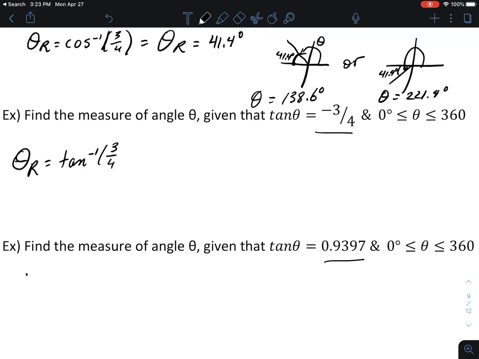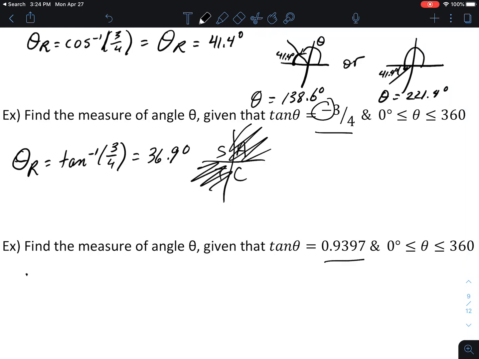All right, so what I would do first is find how big the reference angle is. Take the inverse tangent of the absolute value, 3/4, that's 36.9 degrees. Think about the cast rule. Where is tangent negative? Oh, and you can see I've done it wrong. Whoops. C-A-S-T, my bad. Where is tangent negative? Well, not here, because that's where it's positive, and this is where it's positive.